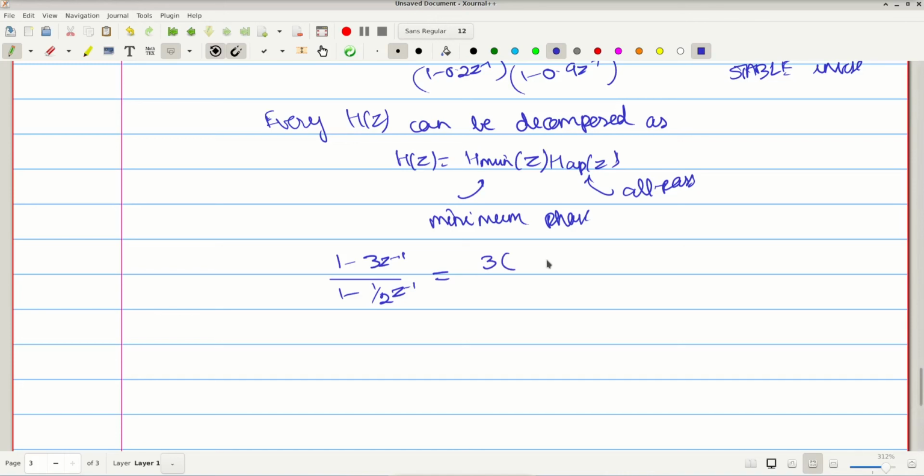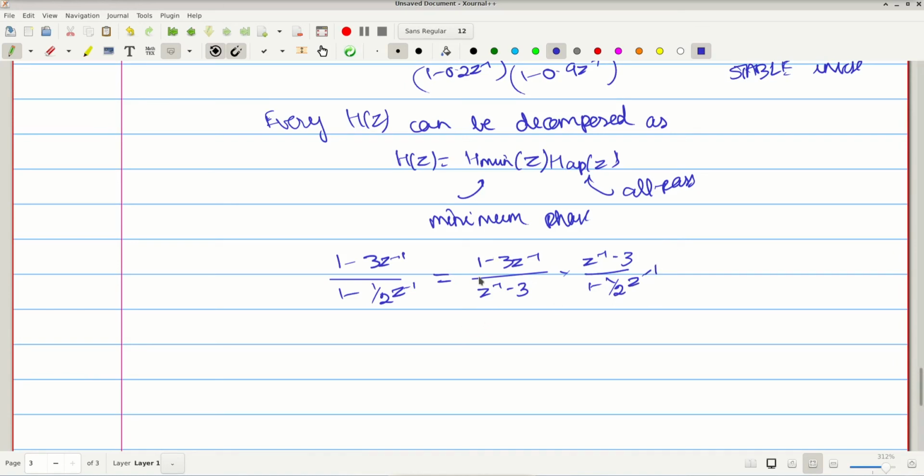I'll do it in a more simple manner. I'm going to write this as (1 minus 3 z inverse) divided by (z inverse minus 3), into (z inverse minus 3) by (1 minus half z inverse).